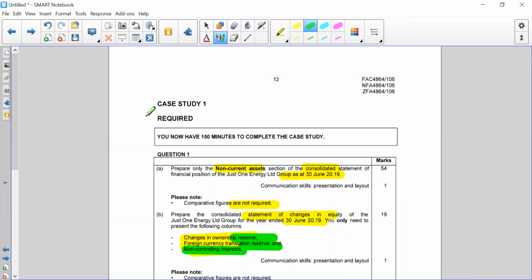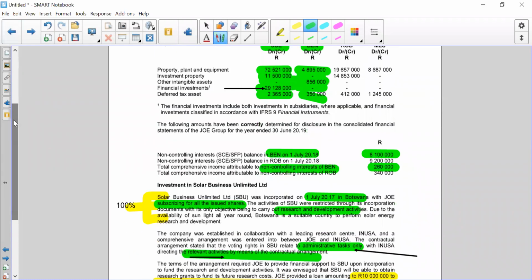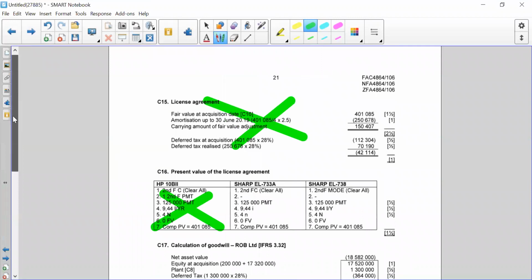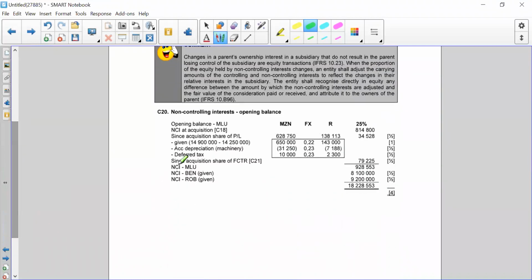Now, what they've done in this particular question is that they've already told us in this additional information that the NCR for Ben, the opening NCR was 8.1 million bucks. And the total comprehensive income attributable to NCR is 260. So those numbers are already given to us. So if we just go look on the solution. Okay.